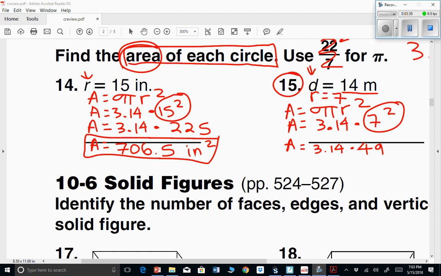And then all you have to do is multiply 3.14 times 49. Your answer to that should be 153.86 meters, and because it's area, it's going to be square meters.